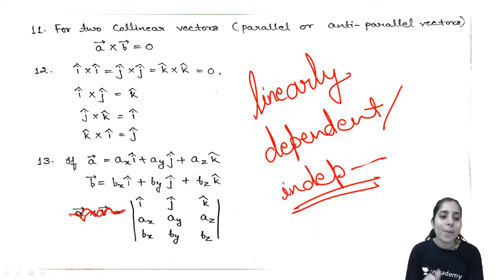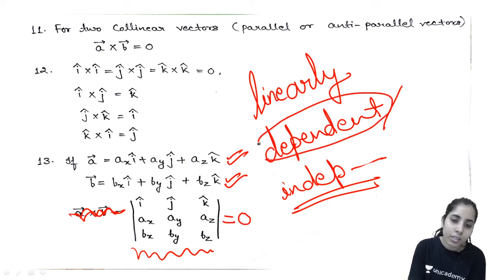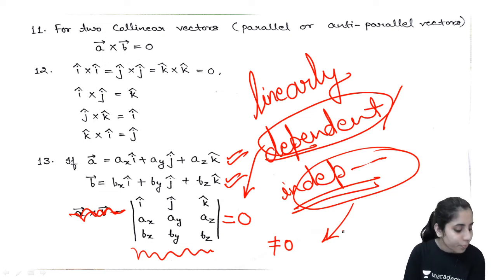It's about two vectors which have been given to you, vector A, vector B, and you just want to know whether these two vectors are linearly dependent or linearly independent. So what you will do in this case, you will check the determinant. In exactly the same way you can write the determinant, and if it is 0, then the vectors are linearly dependent. Next, if it is not equal to 0, then the vectors are linearly independent. That's how you can get it easily.